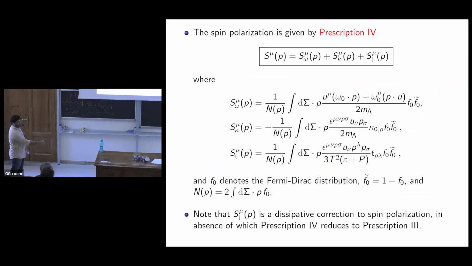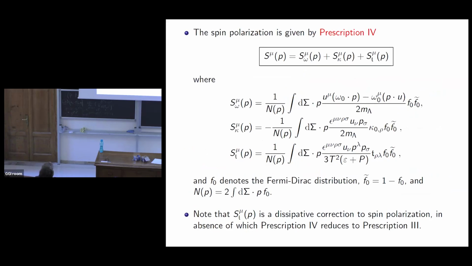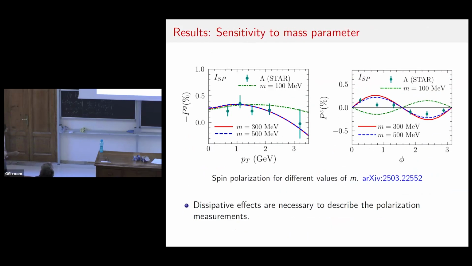So this mass is the lambda mass, but this mass parameter is the effective mass of quarks, which are being evolved on top of the background, and they go into the computation of the transport coefficients. So they decide the transport coefficients. The main message I want to convey from this figure is that dissipative effects are necessary in the kinetic approach to describe the polarization measurements.